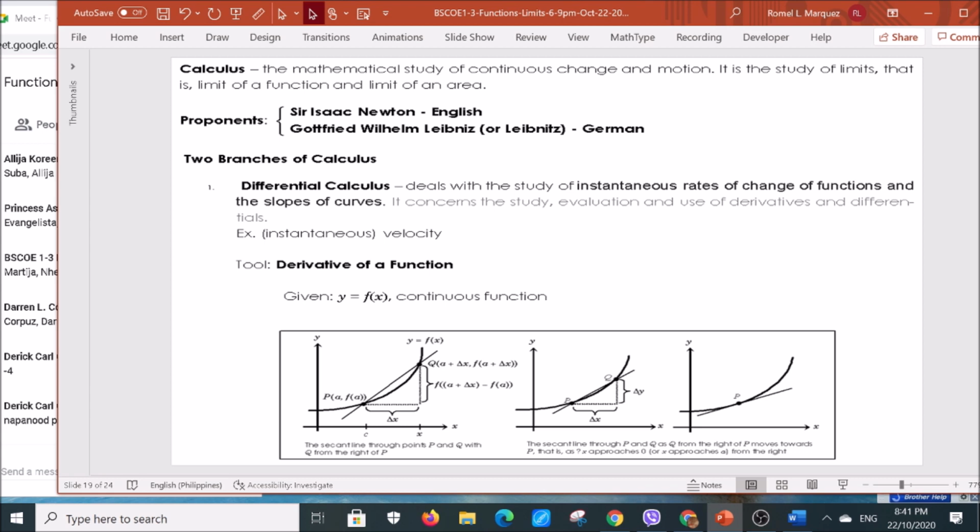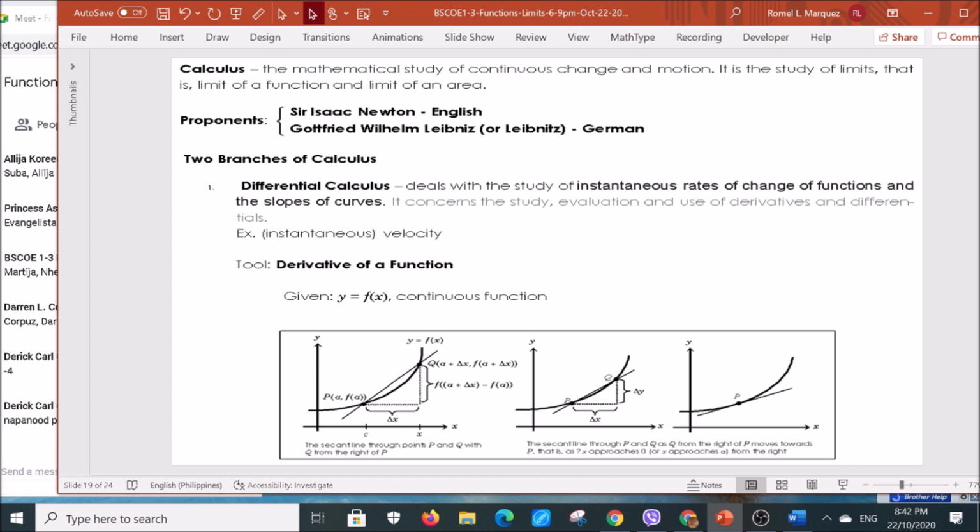So, what is calculus? This is what I got. Calculus is the mathematical study of continuous change and motion. So when you talk of change, you talk of moving objects, decrease, increase, inflation rate, and so on. Whenever there is a change, there is a motion.